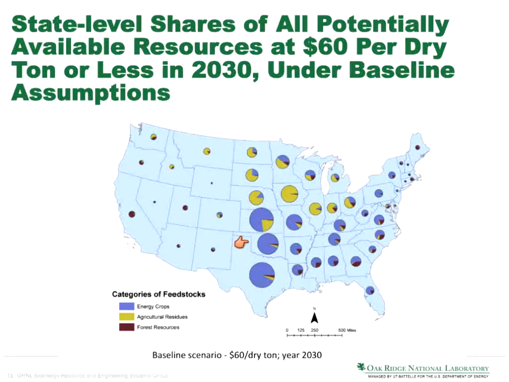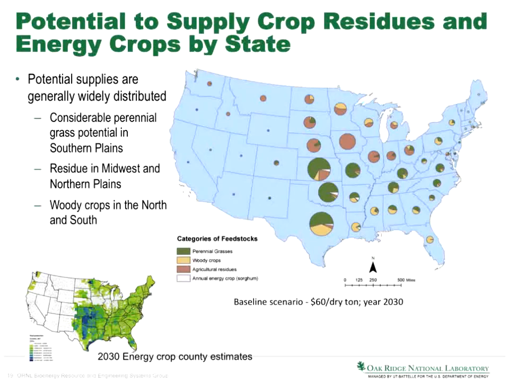On the point of the energy crops, I'll go to the next slide, where we break those out by type a little bit. Here these are also categories of feedstocks, showing the types of energy crops broadly, such as perennial grasses. Again, in the plain states, energy crops are largely comprised of perennial grasses. Woody crops have great potential in the south, the southeast, and the northeast.